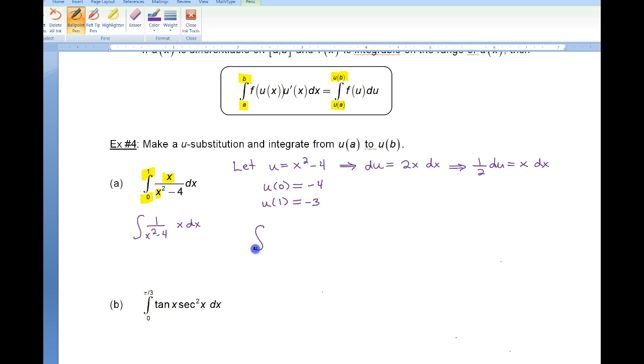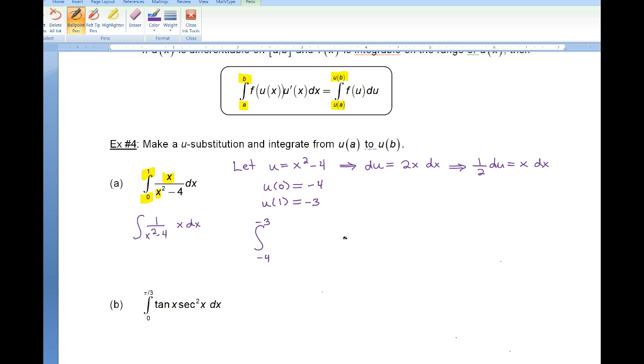So now when I rewrite this, my lower bound is -4, my upper bound is -3. I just replaced where 0 was with -4, and where we had 1, I'm going to replace that with -3. Graph together, one using u and one using x, it would be the exact same.